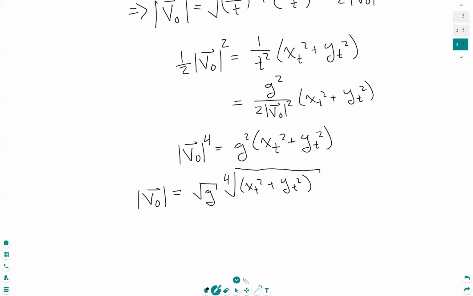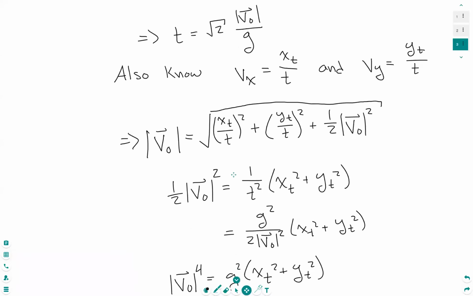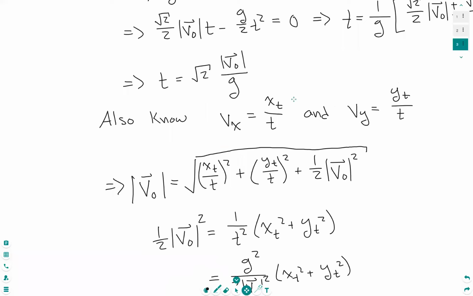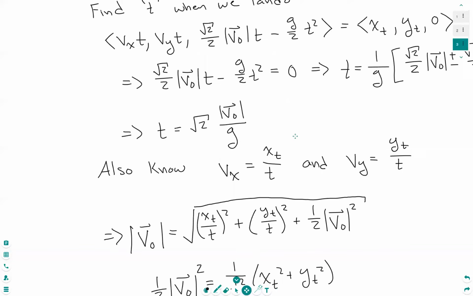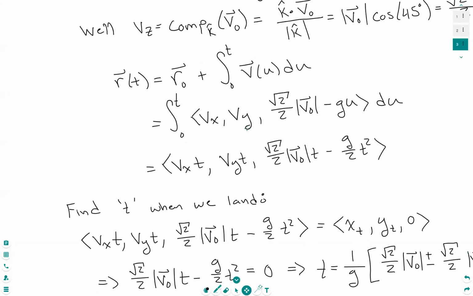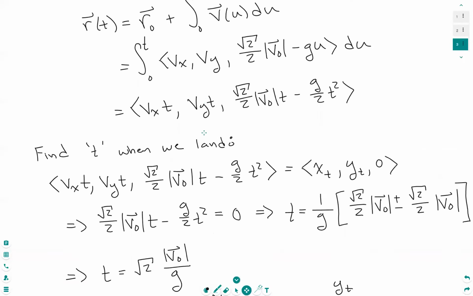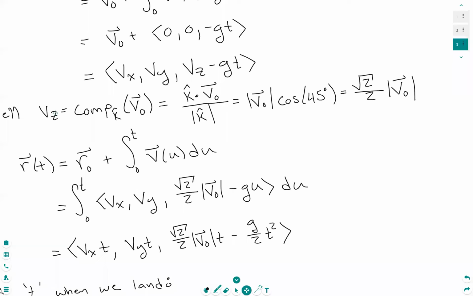Now that we have v naught in magnitude, so that's the speed that we have to shoot out of this cannon, we need our x, y, and z components. If we backtrack through our process, notice that we always have a way of writing our Vx or Vy or even our Vz in terms of this magnitude.